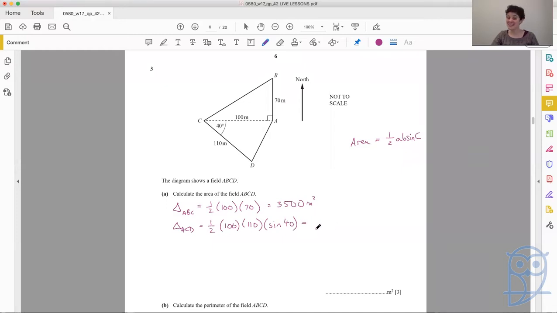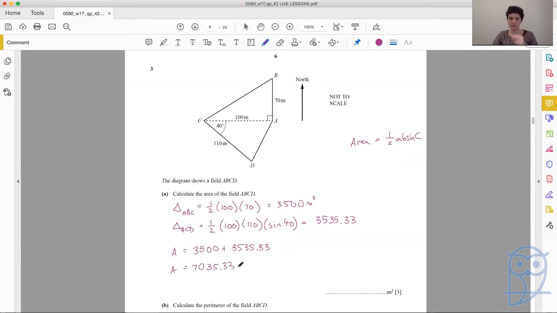When you plug this into a calculator, you get 3535.33. So we have the area of each triangle. Now we can add them to get the area of the whole field. Area equals 3500 plus 3535.33, which equals 7035.33.